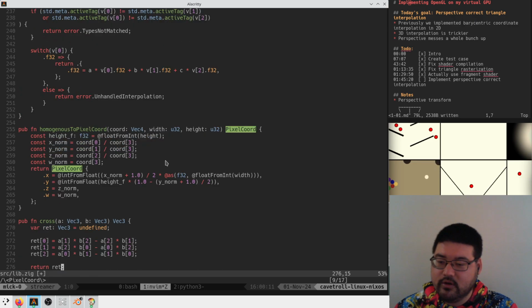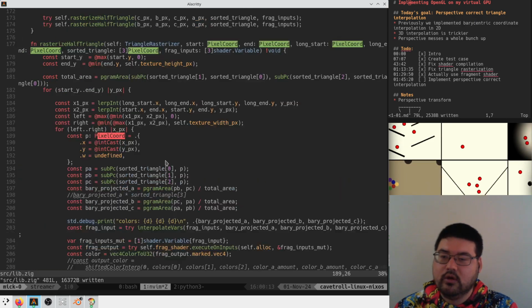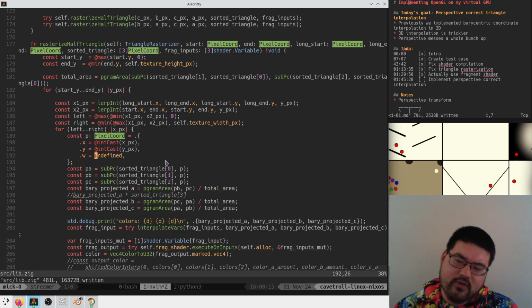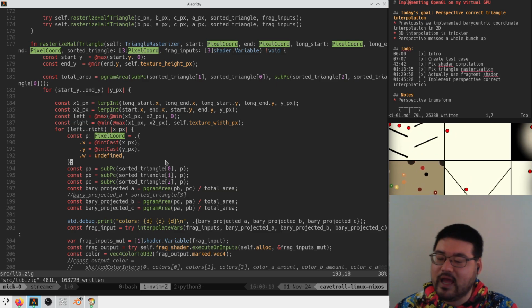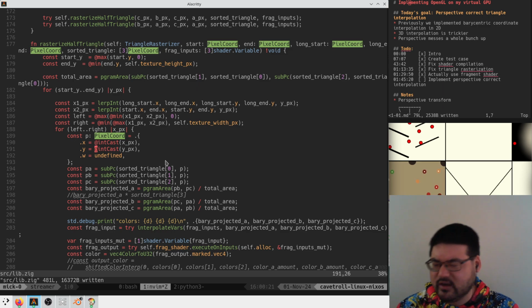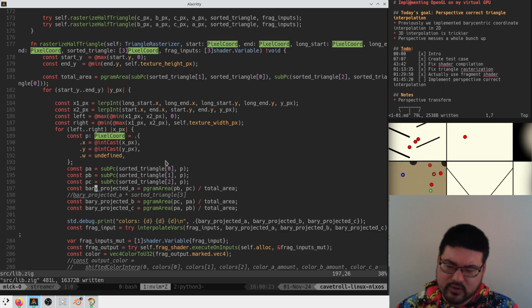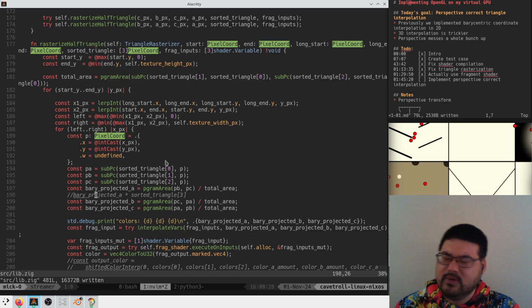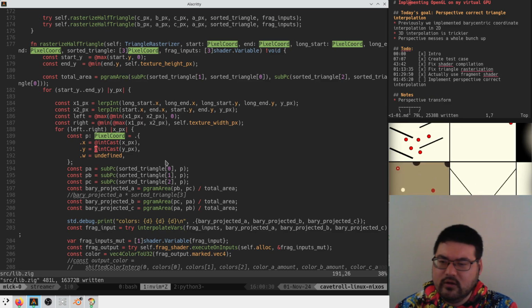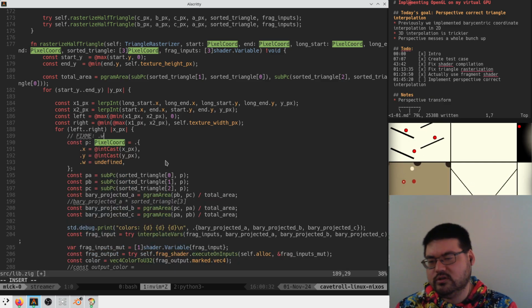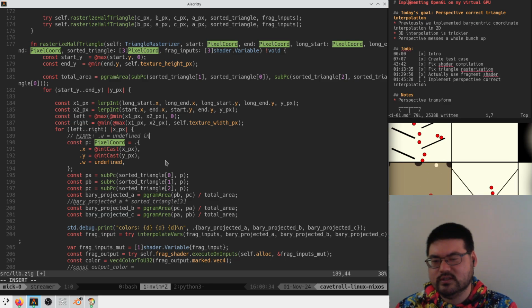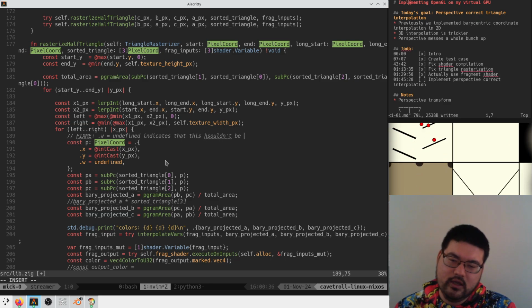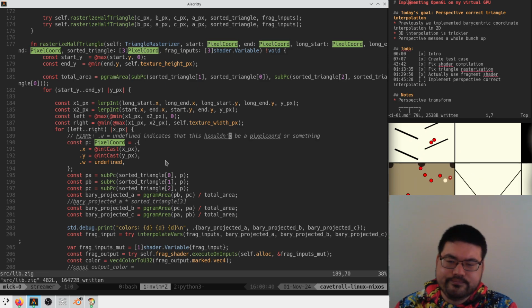We don't need the w value here, or the z value. We don't even really need that either here. So we're kind of overriding our types here. This type is being used in multiple contexts, which isn't really great. W is undefined indicates that this shouldn't be a pixel coord or something. We'll figure it out later.